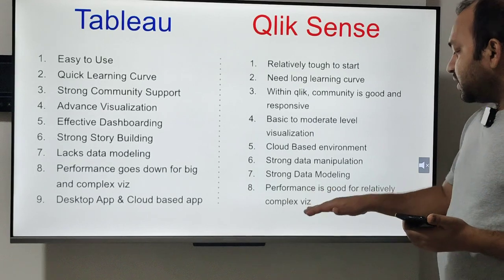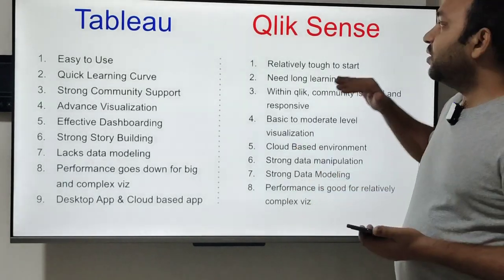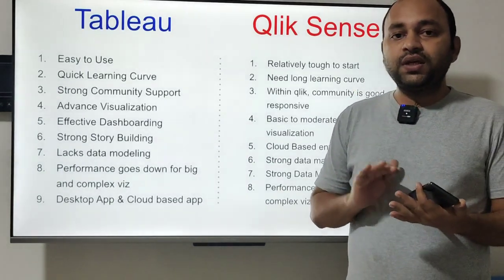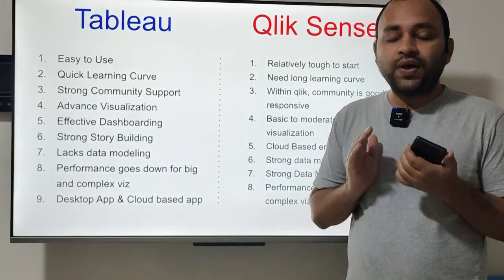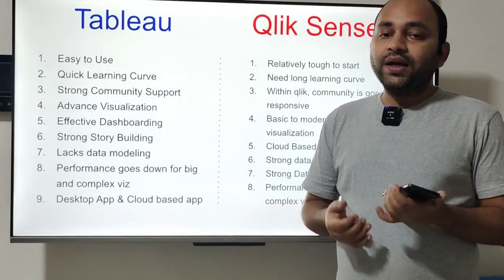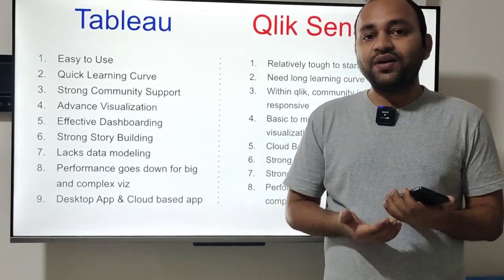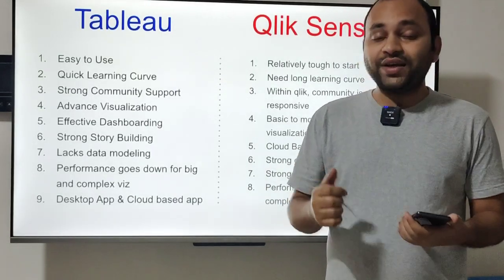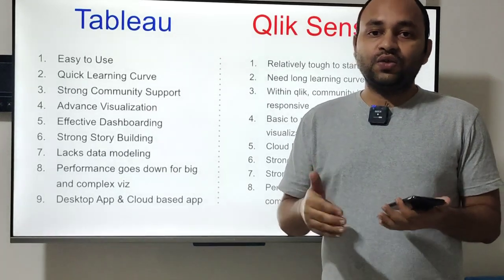Finally, the performance is good for relatively complex visualization. That's what I felt, that in case of Qlik the app is relatively stable, because I wrote some very complex formulas. One fine day, I remember I went to an extent where I wrote a formula which, I saw my watch and I looked at it, took 90 seconds to produce a result.